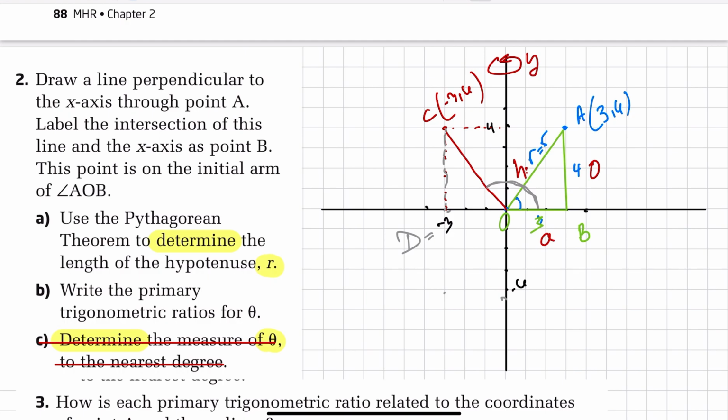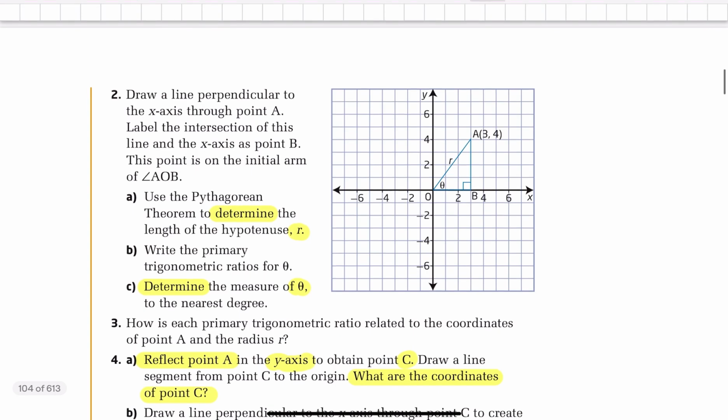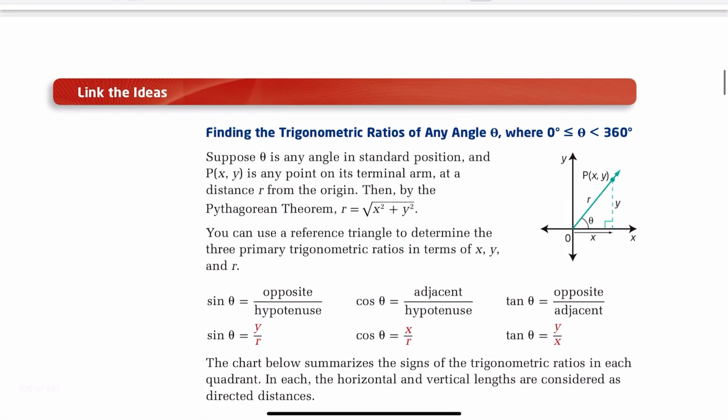So we can have -3, -4, or we can have 3, -4. This point E and this point F. Perfect, sounds good. So this is just the same one, but a little bit different.